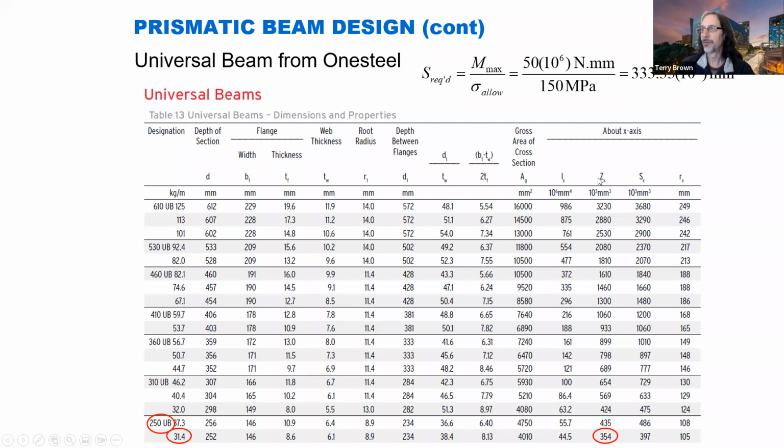And remembering that we need to choose the Z column in this table, because they've used Z for the section modulus rather than S. So we could have chosen this beam from One Steel and that would have been okay.